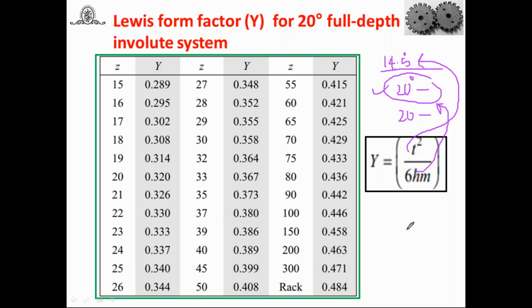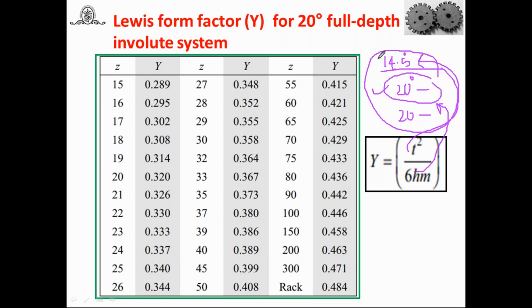That means while taking or deciding the value of Lewis form factor Y, you have to refer to which involute system you are going to use, whether 14.5, whether 20 degree full depth involute system, whether 20 degree stub tooth system.